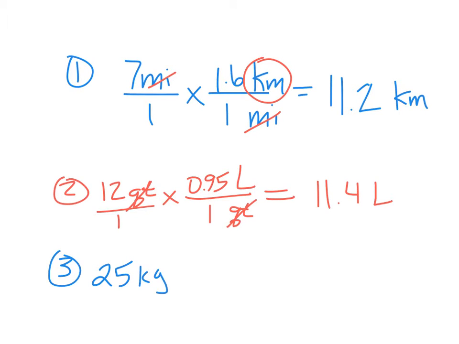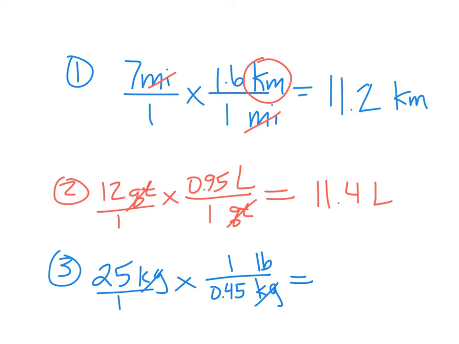25 kilograms. And we need to convert this into pounds. So I'm going to put pounds on top, kilograms on bottom. Conversion factor, how many kilograms are in a pound? So I put 1 pound here. How many kilograms are there? Look on your purple chart here. Okay, so I'm putting 0.45 here. Okay, I can cancel the kilogram label.